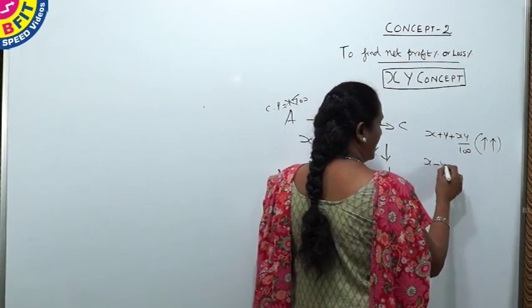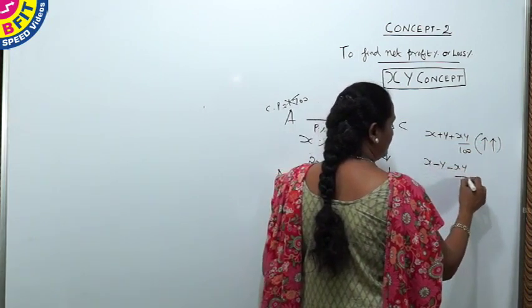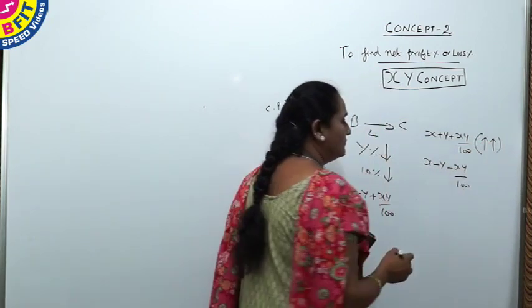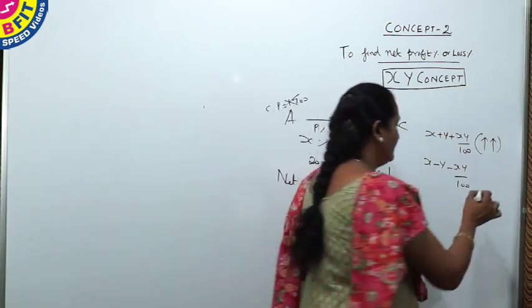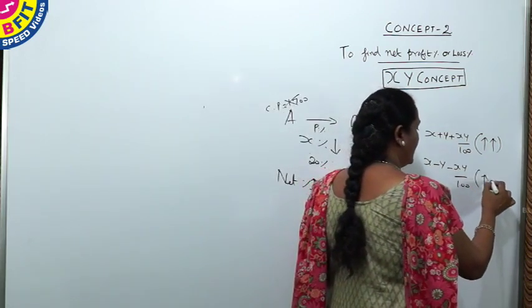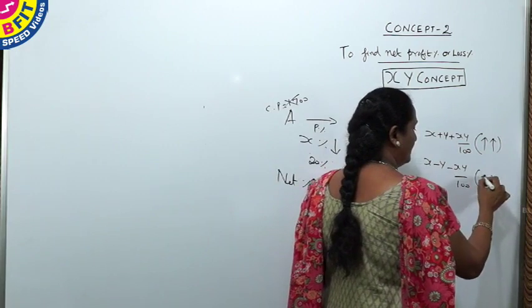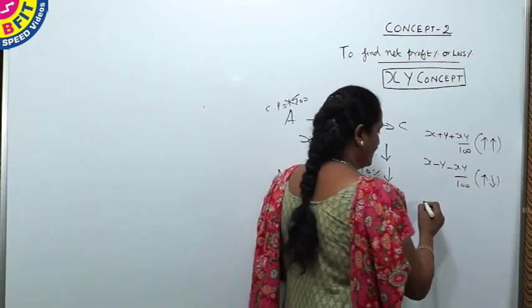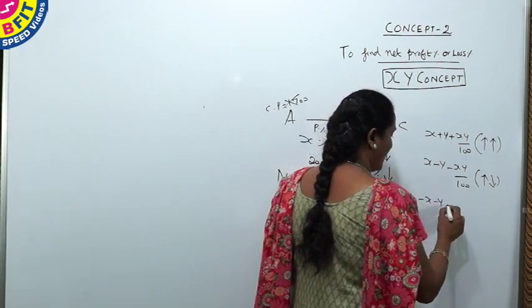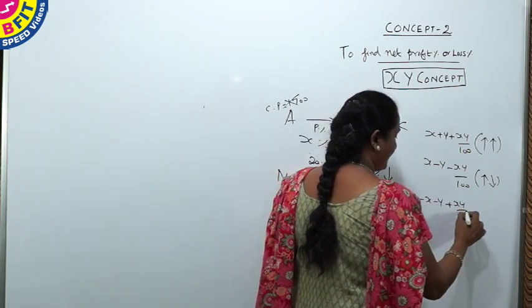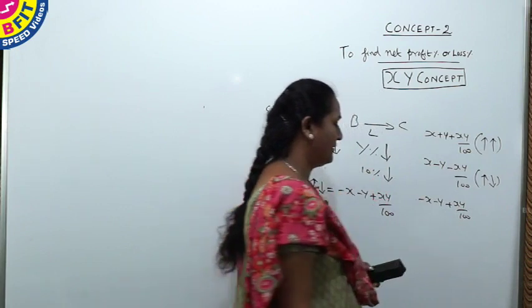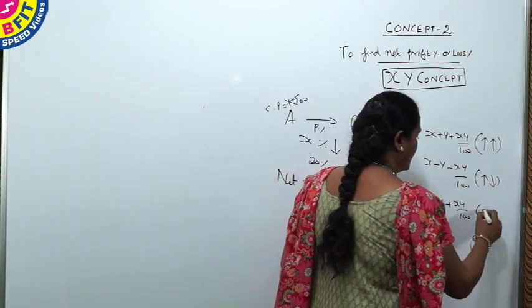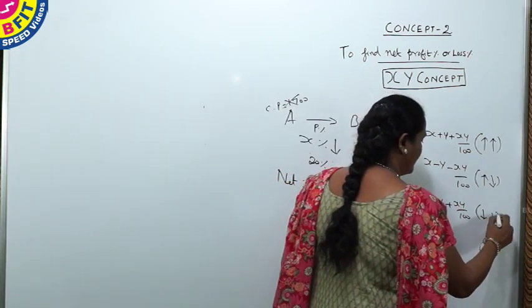It will be X minus Y minus XY by 100 when one is increased and the other decreased. If both are decreased, it is minus X minus Y plus XY by 100. So this is for both decrease.